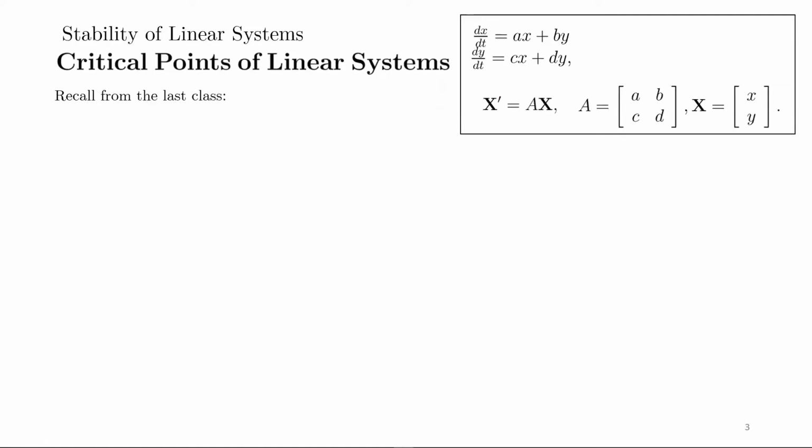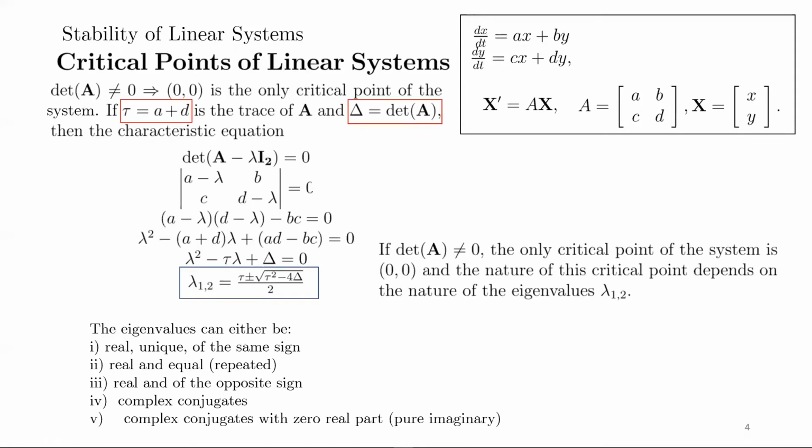Also recall we wrote this system in matrix form. We took the system of two linear first order ODEs and wrote it in matrix form, and we showed last time that the only critical point for these linear systems is the origin, the point 0, 0.